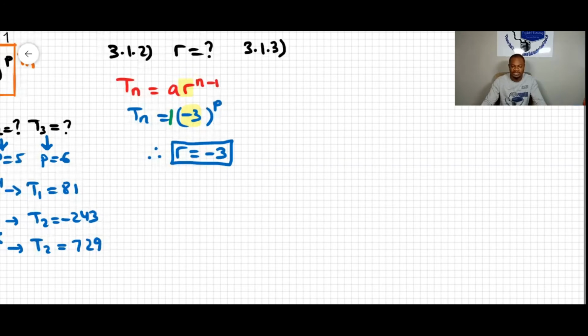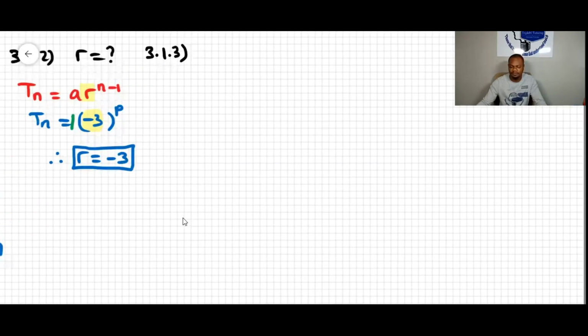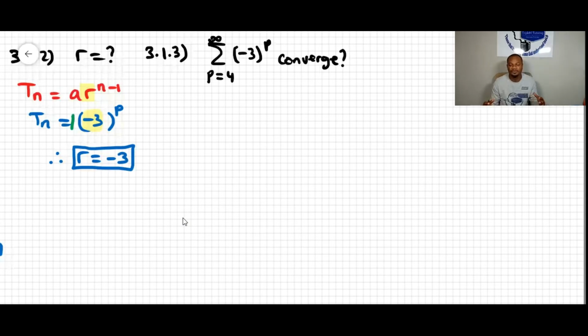We're asking if the sum converges. There's a condition for a series to converge. The series converges if the constant ratio lies between -1 and 1. That's the condition.